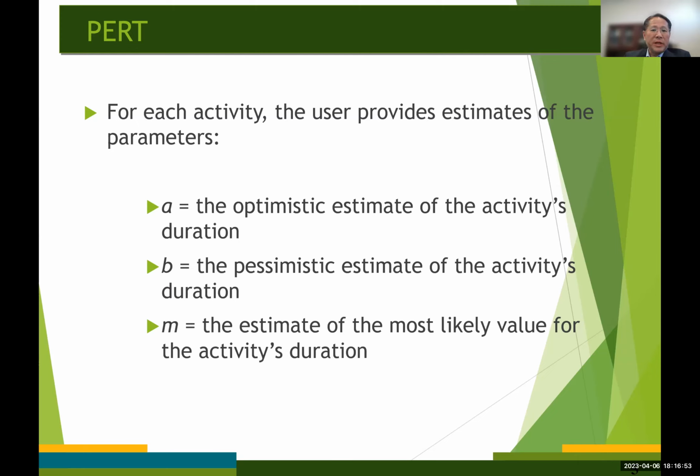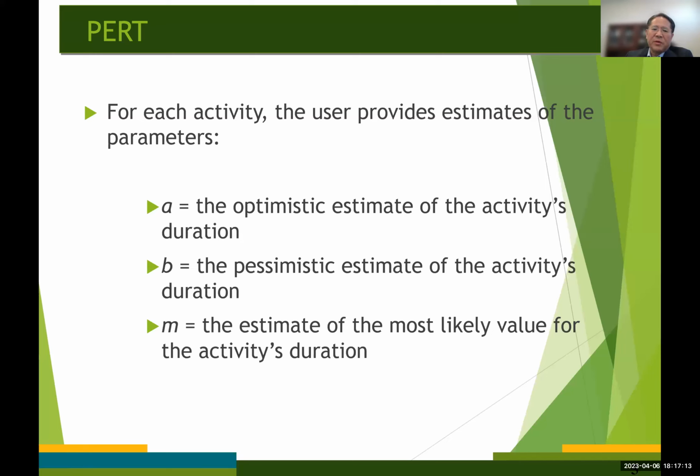And for each activity, PERT requires the user to estimate three different quantities. So usually A stands for the estimate of the activity's duration under the most favorable conditions.